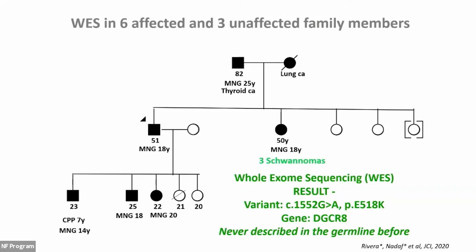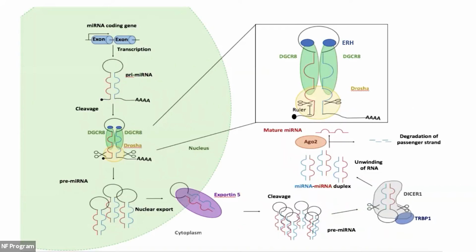And who is DGCR8? Well, it is another microprocessor component. It's right in the middle of the microRNA biogenesis pathway, and it helps the microprocessor, so Drosha, to cleave a primary microRNA into a precursor of a microRNA that will get further exported to the cytoplasm and cleaved by Dicer.